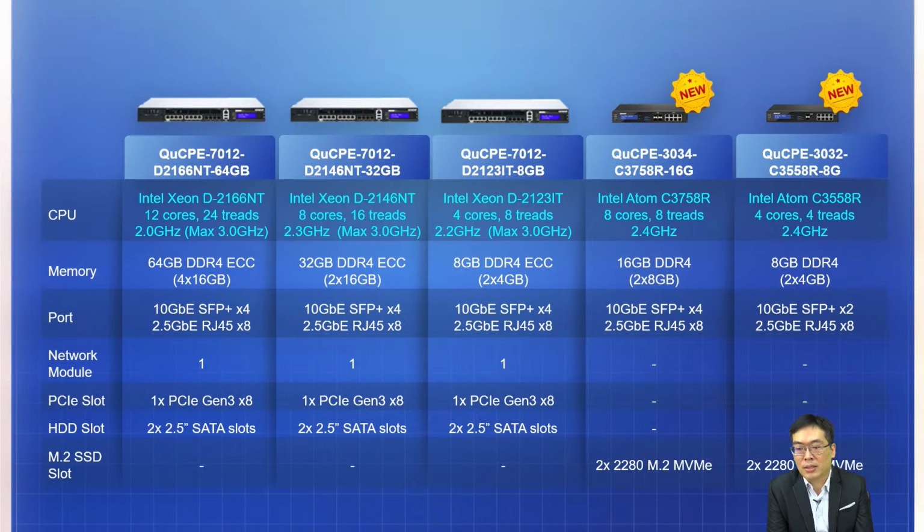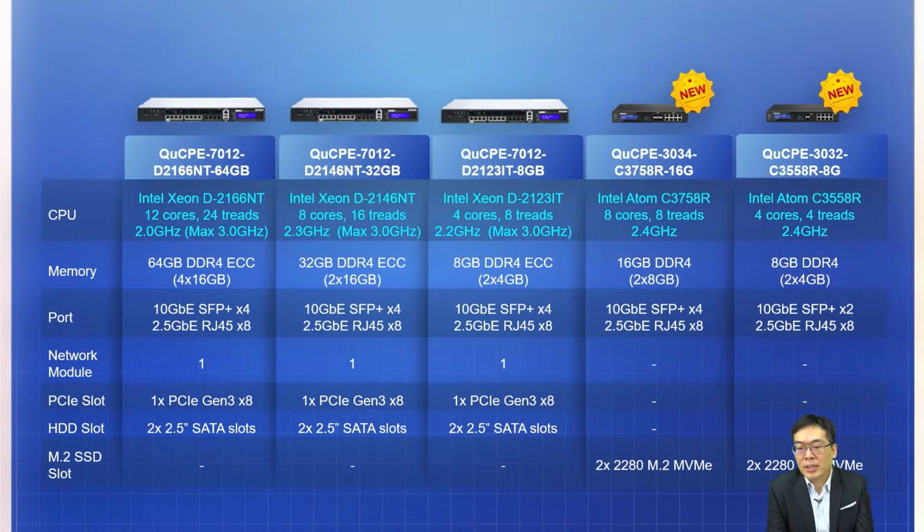It comes with the Intel Atom CPU, with an 8-core or 4-core solution, and also comes with eight 2.5 gigabit Ethernet RJ45 ports and four 10 gigabit Ethernet SFP+ ports. It also includes two M.2 SSD slots to help you install your VM or your application data in this storage.